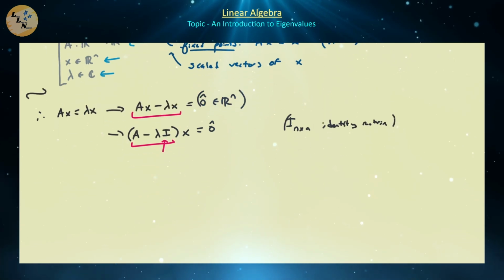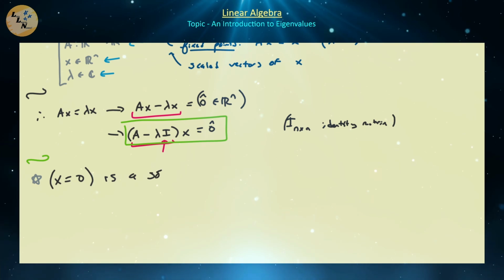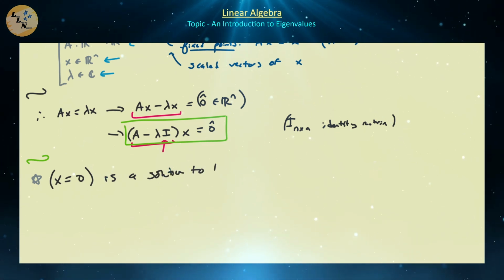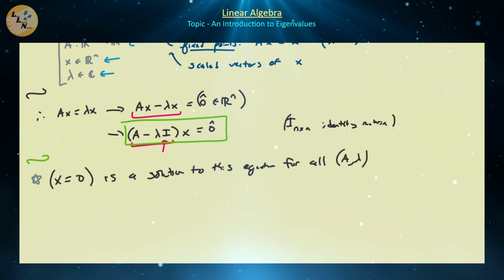So this equation should look very familiar to you if you have studied null spaces of vector spaces. Is there any solution x that makes this true for any A - λI? You should be able to at least give me one of them. You should be able to prove that x = 0 is a solution to this equation for all A and lambda.